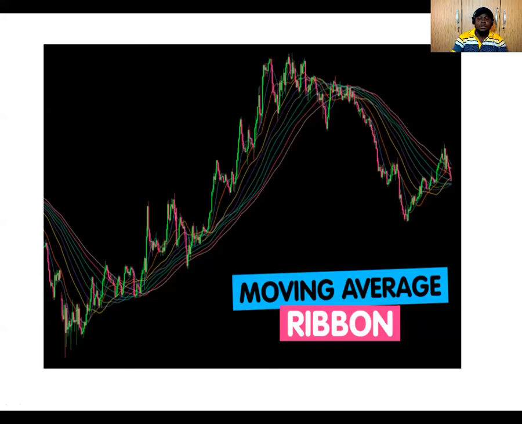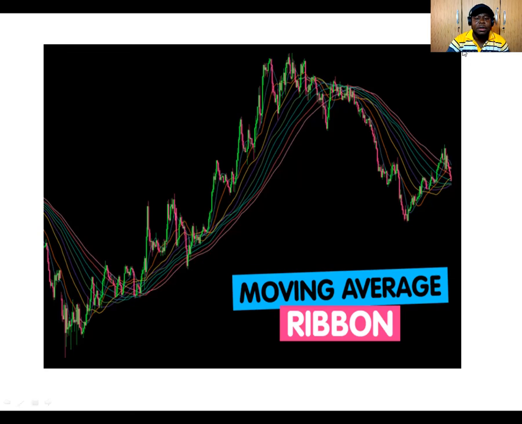Now, quickly, moving average ribbons. The word ribbon, we already know, is a line that is sometimes used to design or tie a parcel. Sometimes you have to intertwine them or fold them in one direction in order to tie or wrap whatever you want to wrap.